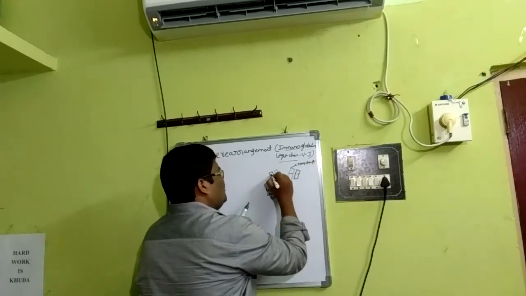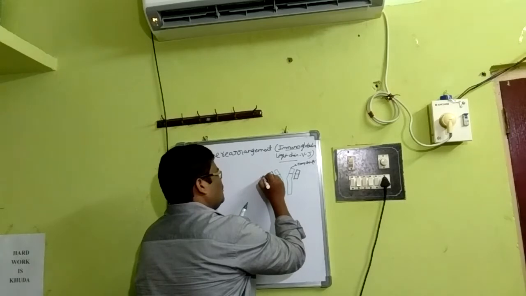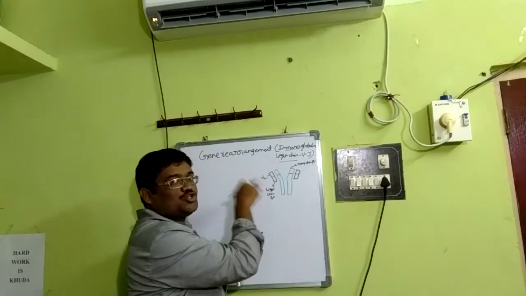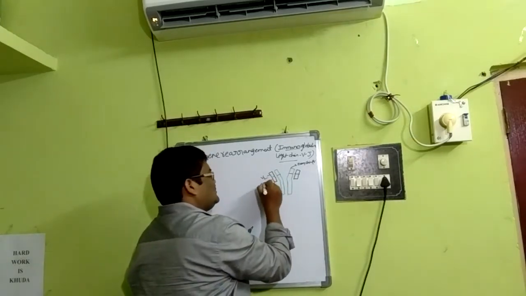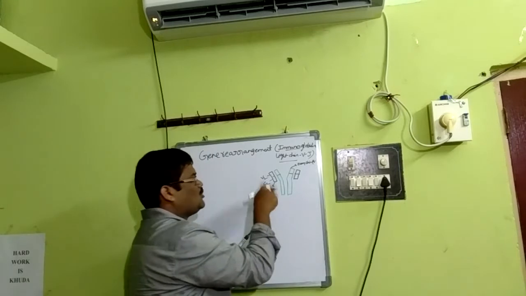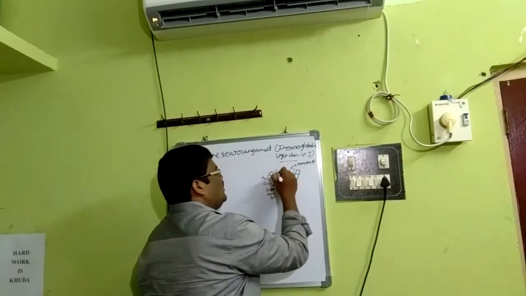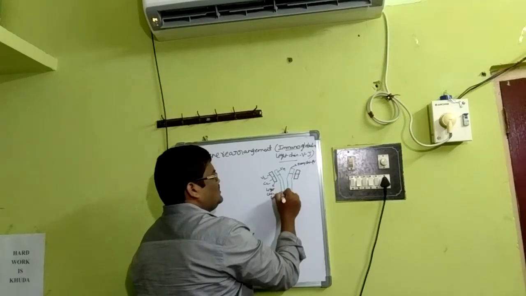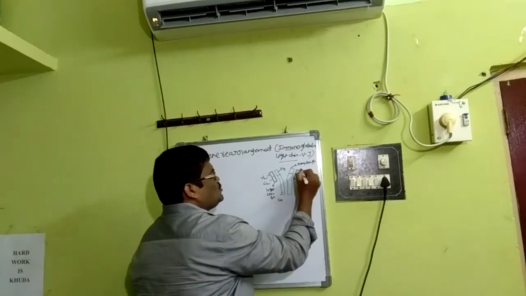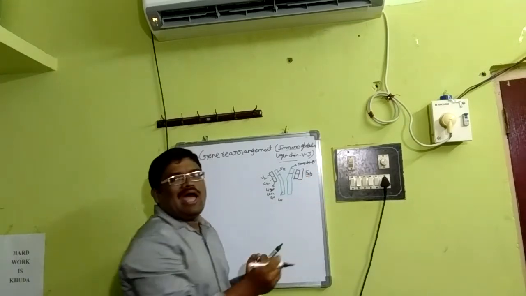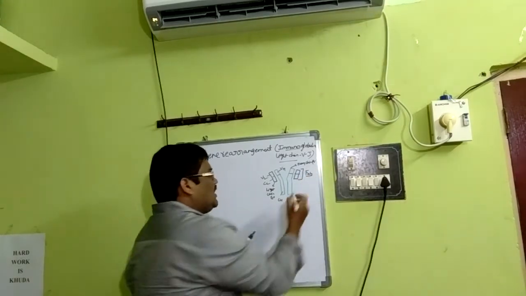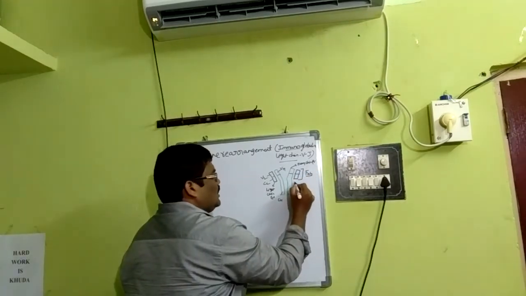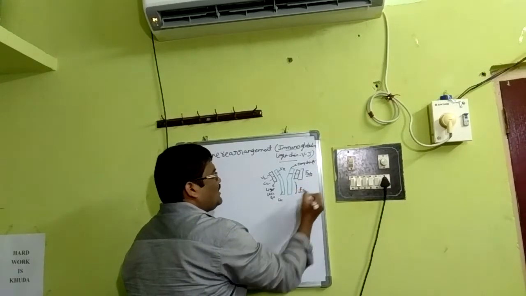This is called VL, the variable portion of light chain, and this is CL, the constant portion of light chain. This is VH, the variable heavy chain, and this is CH. Together this is called Fab, fragment antigen binding, and this is called Fc, fragment crystallizable.